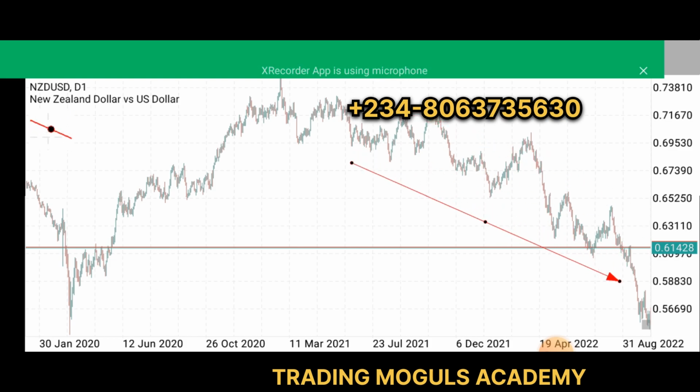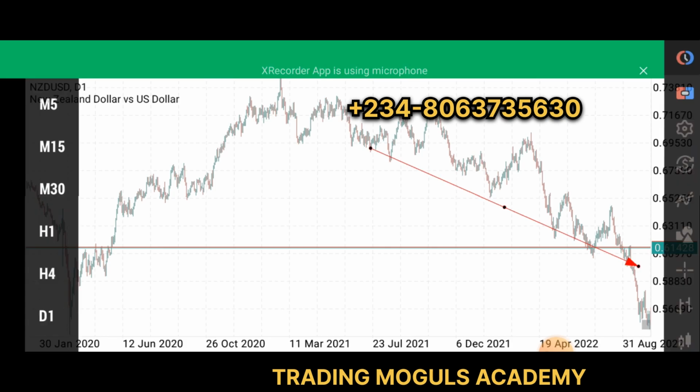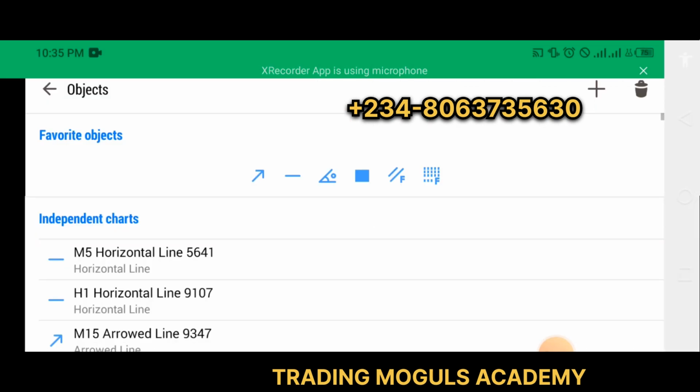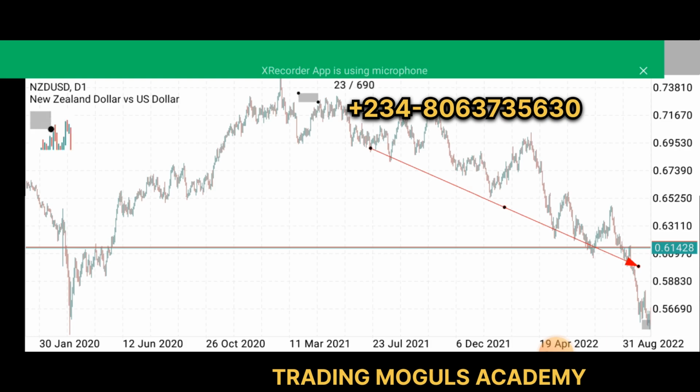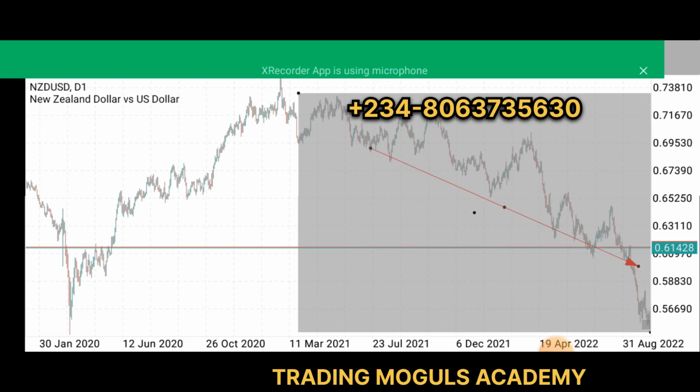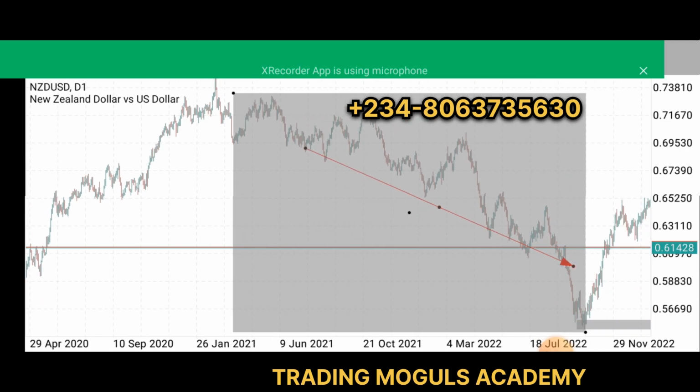Okay, our market is actually bearish. Once you come into the market and look at the structure, you're able to identify that it is in a downtrend, creating lower low, lower high, lower low, lower high.